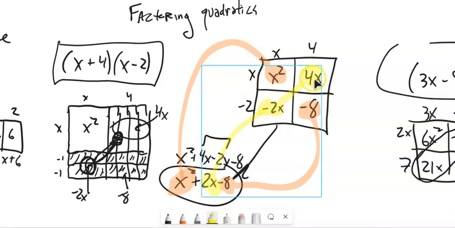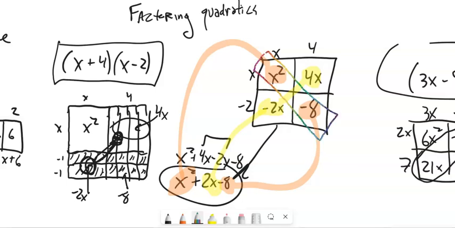But then let me think about where this 4 and this -2 came from. I think it's really interesting to think about this thing that happens right here. If I look at this diagonal and I multiply them together, -8 times x squared is -8x squared. And if I look at this diagonal and I multiply them together, -2x times 4x is also -8x squared.